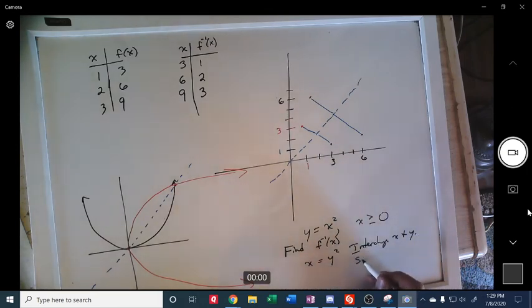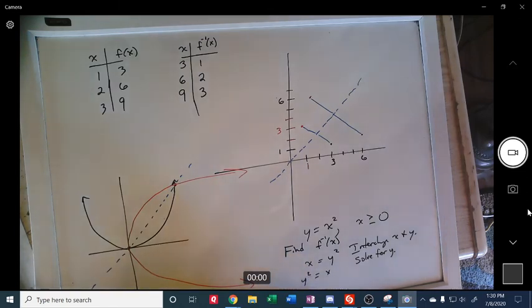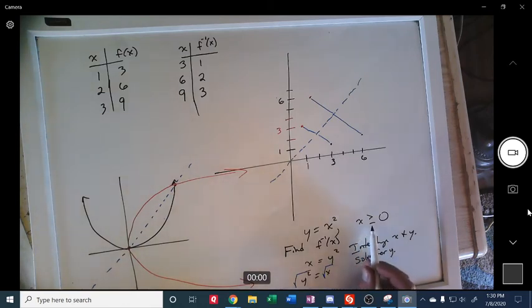Then you solve for y. To solve for y, I'm going to rewrite it. y squared equals x. I'm going to square root both sides. Normally, when you square root both sides, you have to introduce a plus or minus sign. But I'm not going to put a plus or minus sign because I knew that my x was positive, so my y will always be positive. I won't have the other case.